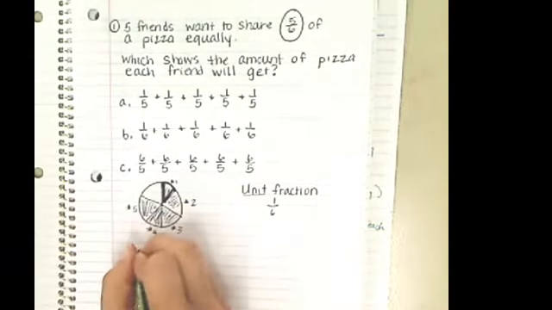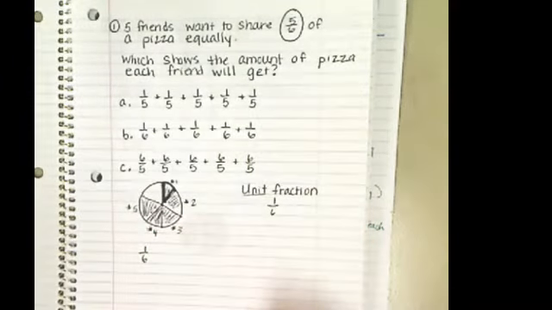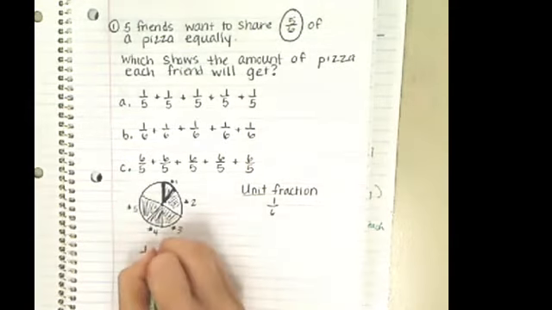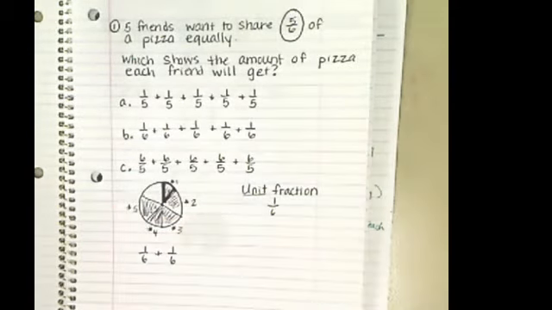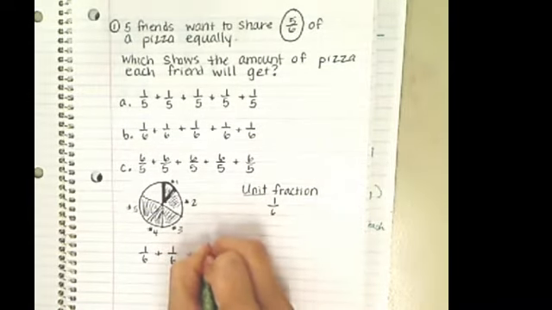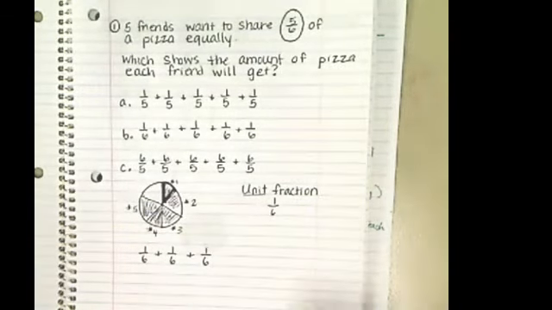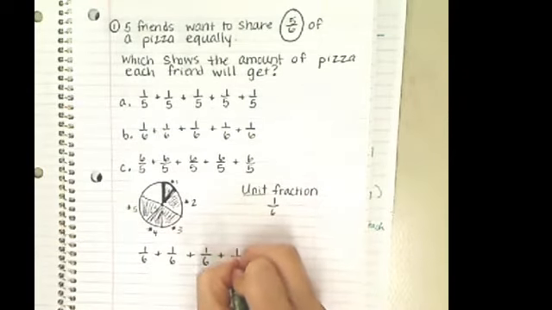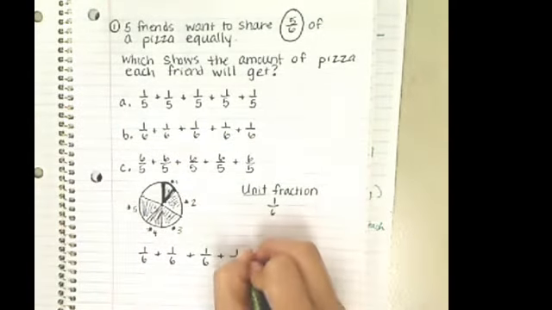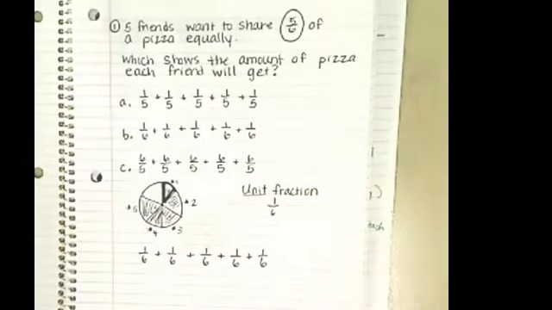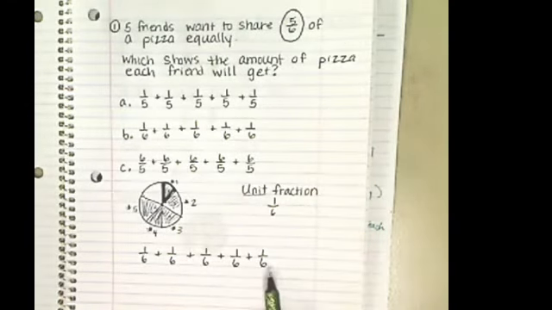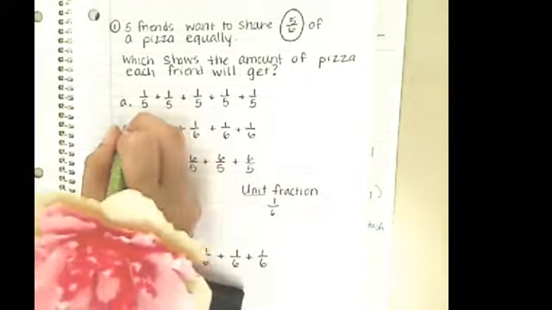So if friend number 1 had 1/6 of the pizza, friend number 2 had 1/6, friend number 3 had 1/6, friend number 4 had 1/6, and friend number 5 had 1/6 of the pizza. That is the addition problem that represents how much they got to share. Okay? So, first friend, second friend, third friend, fourth friend, fifth friend. And the one that matches is answer choice B.